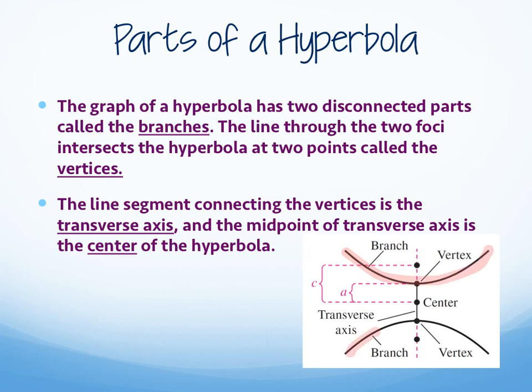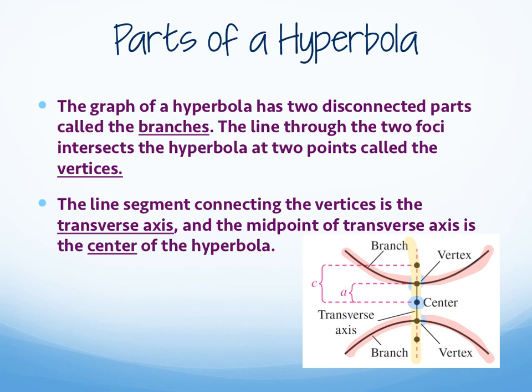Actual curve is the branches. Points where they would intersect that vertical or horizontal line are the vertices. The line itself is called the transverse axis. And the center or midpoint would be the center.